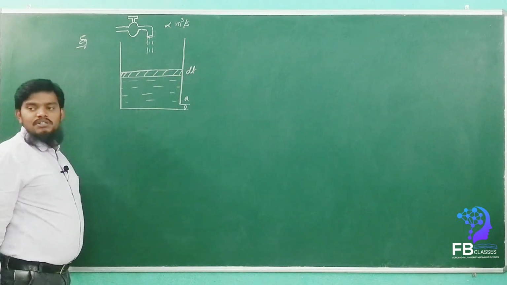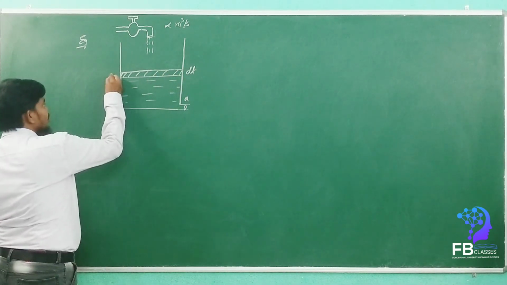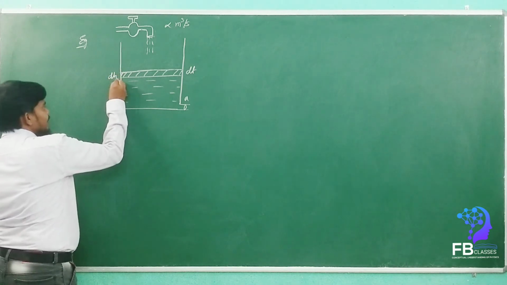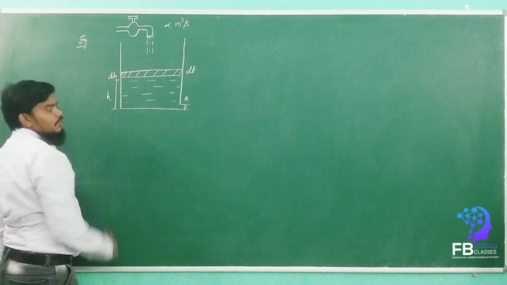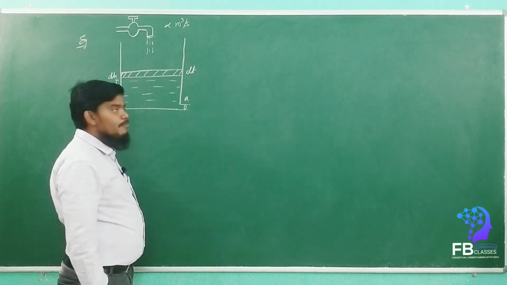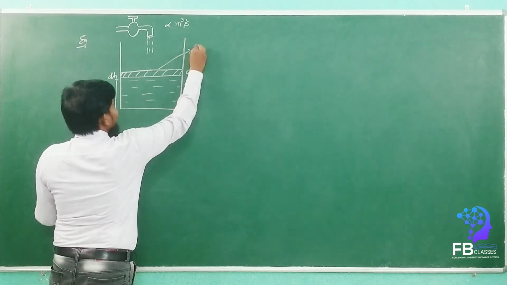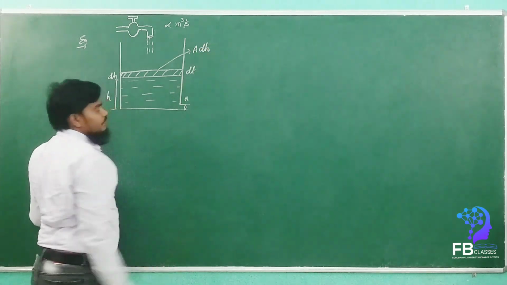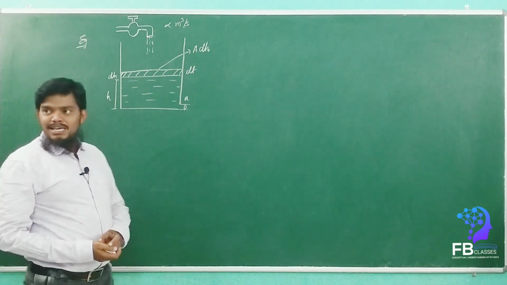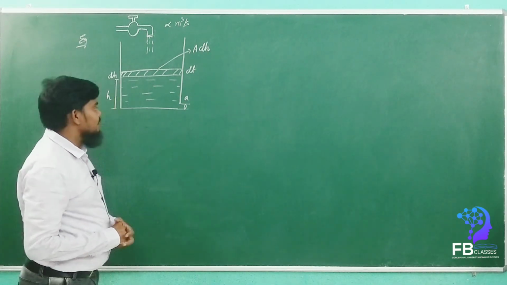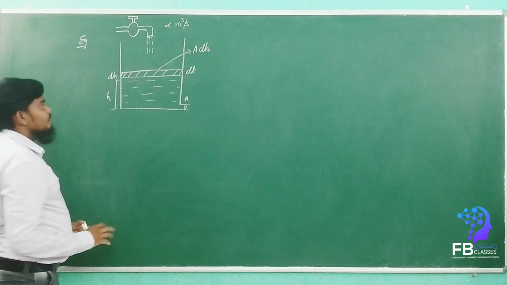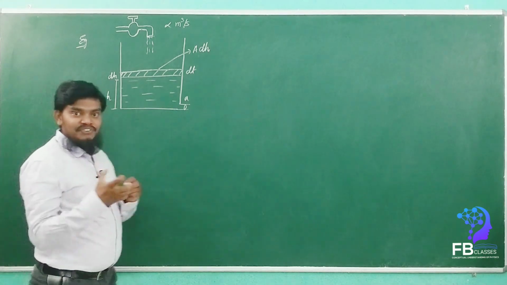The height of this water element is dh, and this height is small h. Got it? Understand? So now this volume is how much, my dears? A dh.